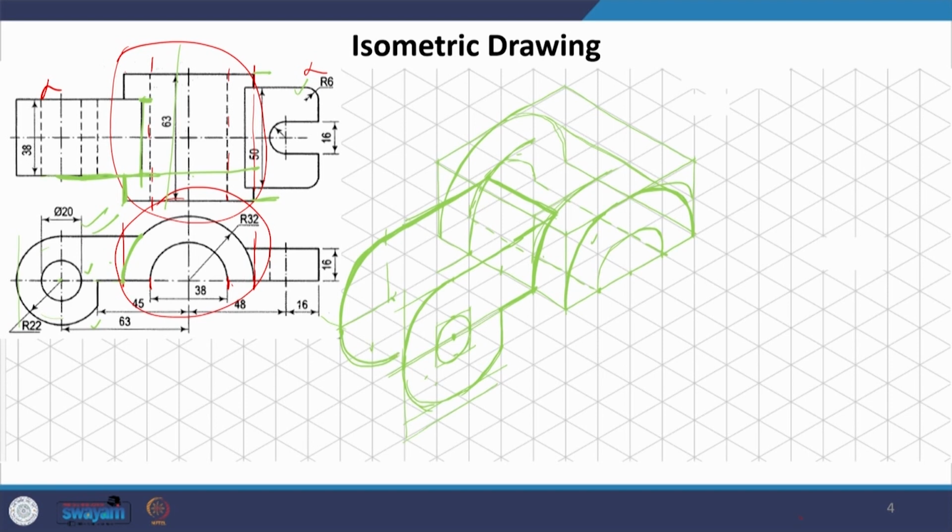So, we have to draw the reference planes at the back, the reference squares for the circle. And this is what we would get at the back of it. The same thing we will do with this circle.